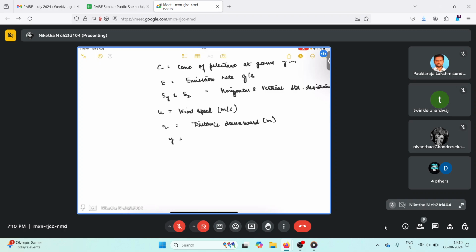Y is the horizontal distance from the center line, and H is your effective stack height.